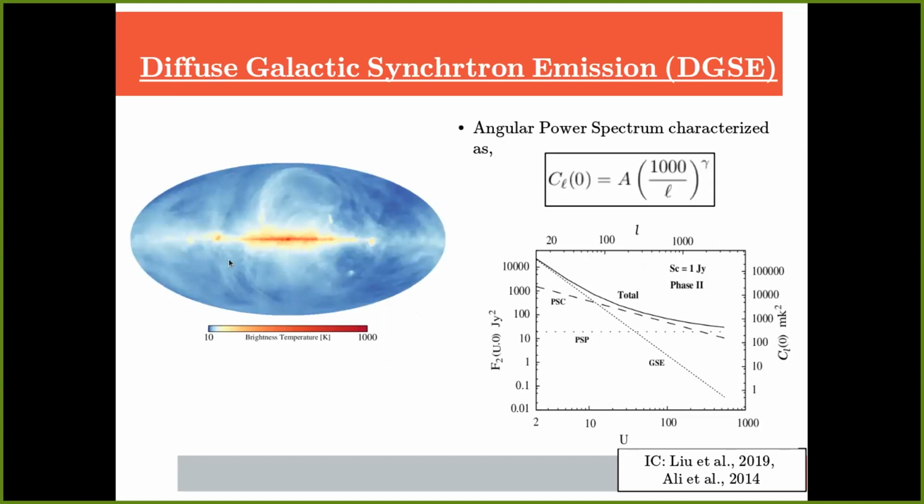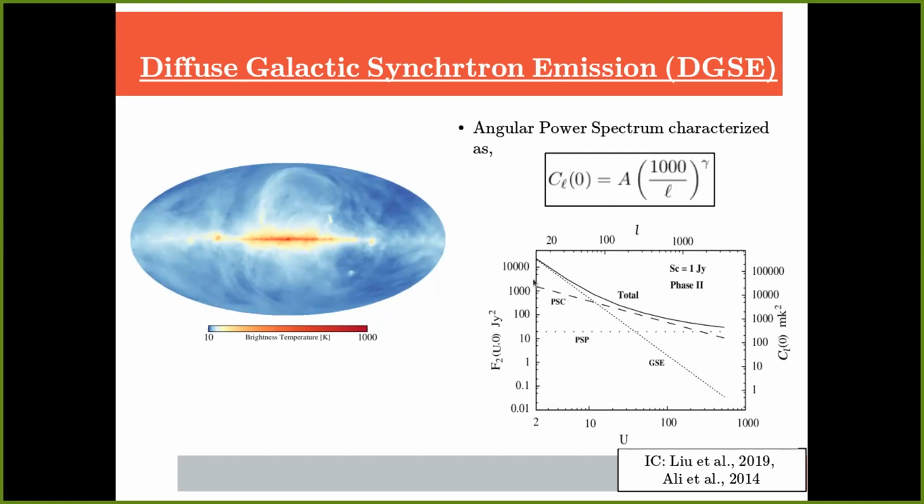This shows the Haslam map at 408 megahertz frequency, and the angular power spectrum of the DGSE is characterized in terms of a power law, where this L is essentially 2 pi times the baseline U. And this gamma has been characterized using many observations at these frequencies, which suggests that it has a value around 1.823. However, this value differs when the direction you are observing changes. So it is dependent on the direction that you are observing.